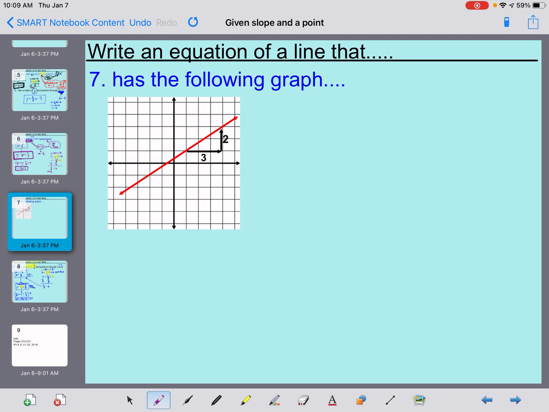Okay, so this time we're writing the equation of a line, and we're given this graph. As soon as you say write the equation of a line, remember we're looking for m equals, b equals. There's this black arrow with the numbers. That's showing you the slope, okay?